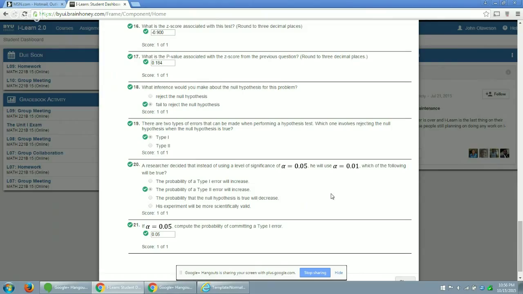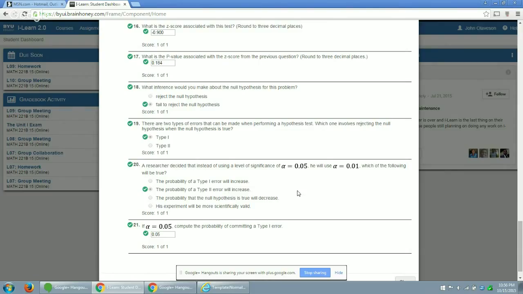So as this number goes smaller, type 1 decreases and type 2 goes up, and alternately, if this value goes up, then type 1 increases and type 2 decreases. In this one, because they made it smaller, it will increase type 2 because it's decreasing type 1.